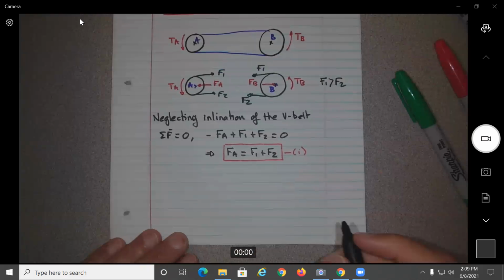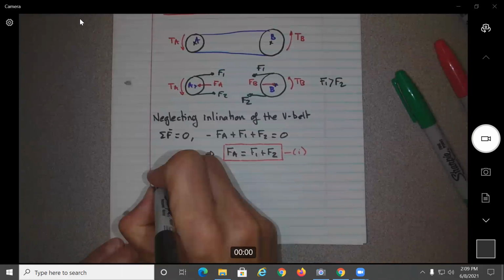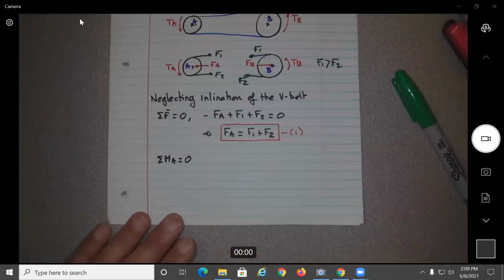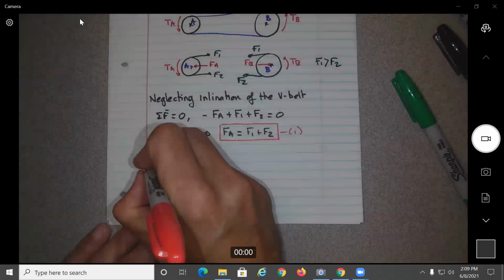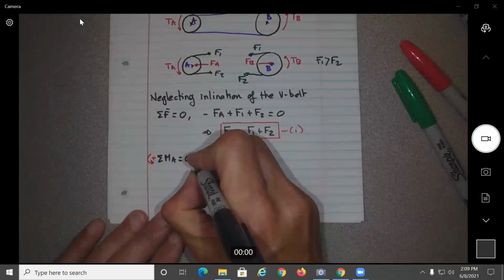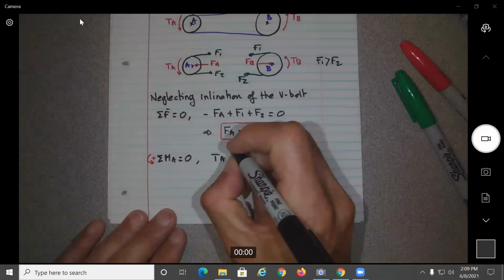Now we do the same thing, but for the moment equation. So summation of moments about point A equal to 0. We take these moments. This will give us T_A. Now be careful.